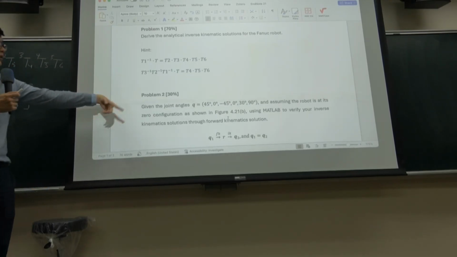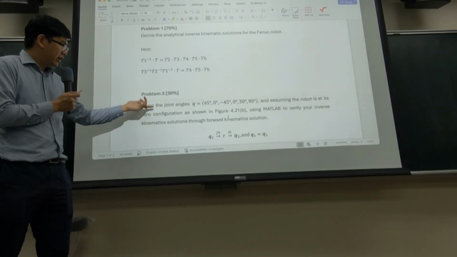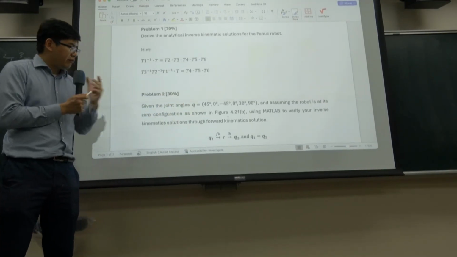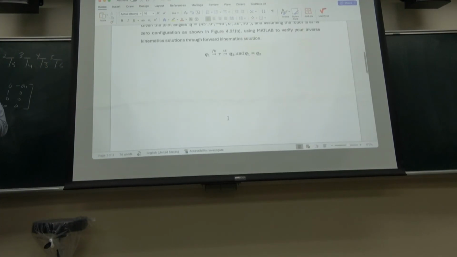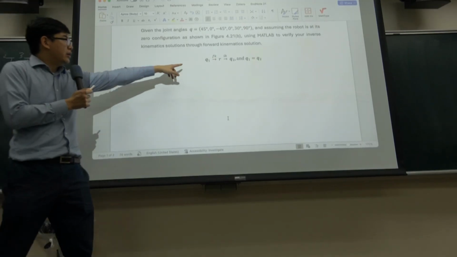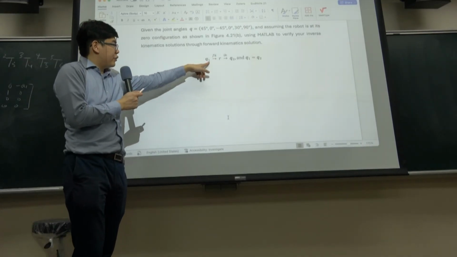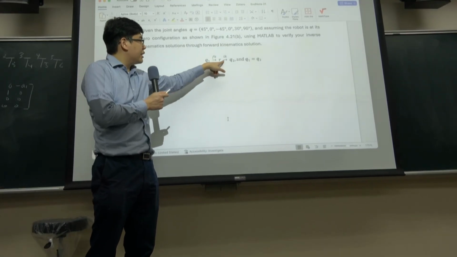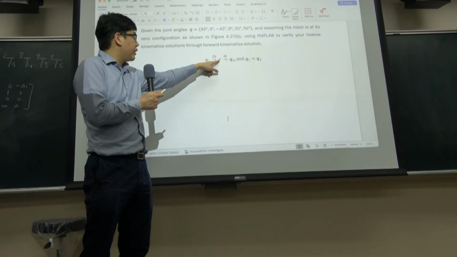And for problem 2, you are given a set of joint angles, and you use this set of joint angles in your forward kinematic solutions, and you can get your end effector configuration.